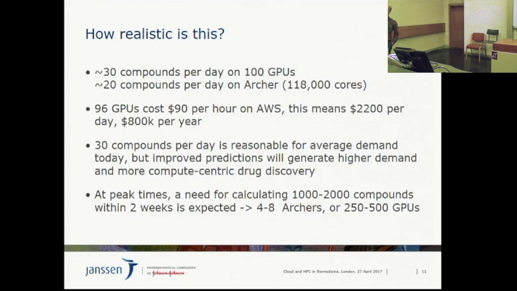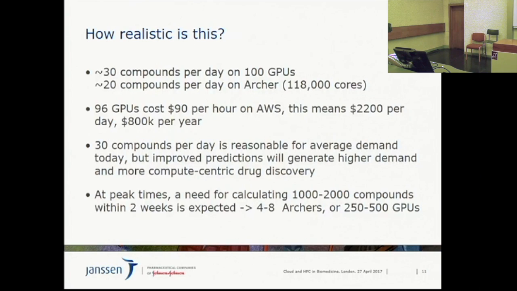That would be purely the cost of the compute power. It doesn't even include the licensing costs that we also have to pay, but let's just focus on the compute power. And 30 compounds a day, I would say, is reasonable for average demand today. But if we can actually make these predictions work, it will generate a much higher demand, and it will change the way we do drug discovery by making it more compute-centric.